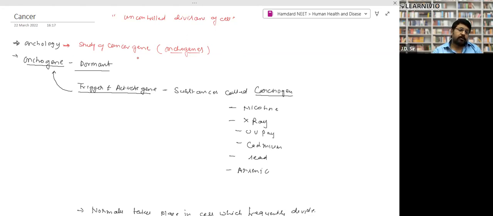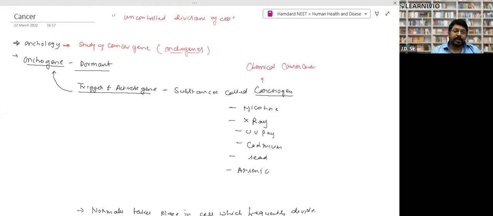Those chemicals which activate the dormant oncogene are called carcinogenic substances. So carcinogenic substances are those which trigger or activate the oncogene, or cancer-causing gene. Basically, carcinogens are chemicals that cause cancer. That is how we can define them.